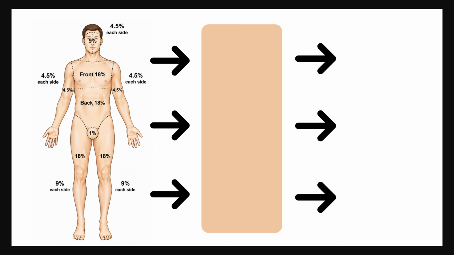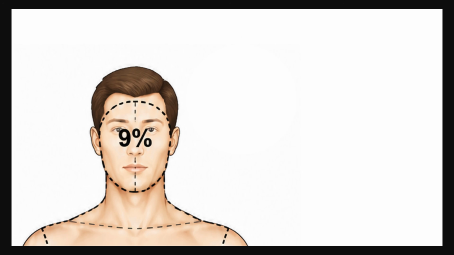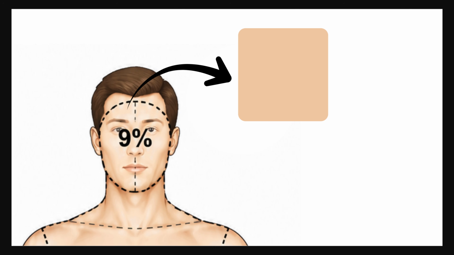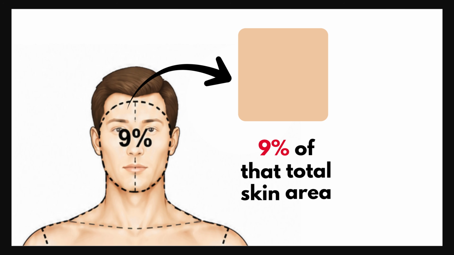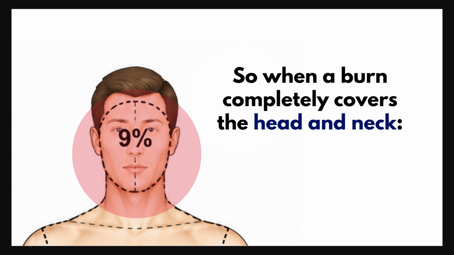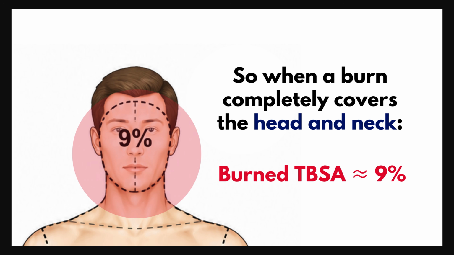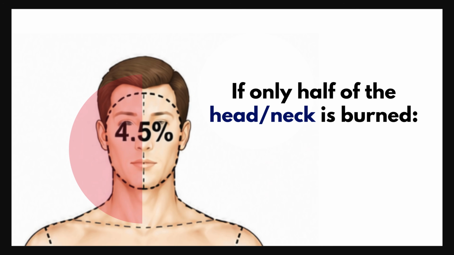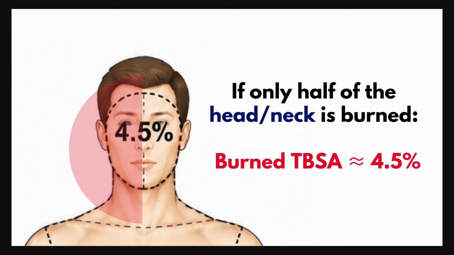That total area equals 100% TBSA. Now imagine isolating the skin covering your head and neck. It makes up roughly 9% of that total skin area. So when a burn completely covers the head and neck, burned TBSA approximately equals 9%. If only half of the head and neck is burned, approximately 4.5% TBSA.